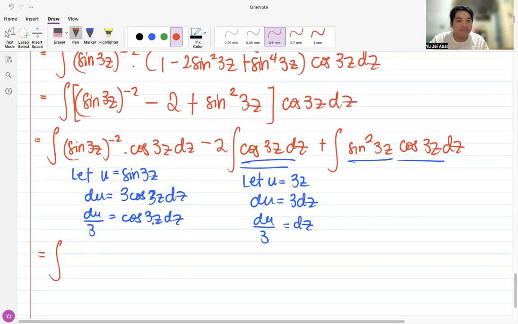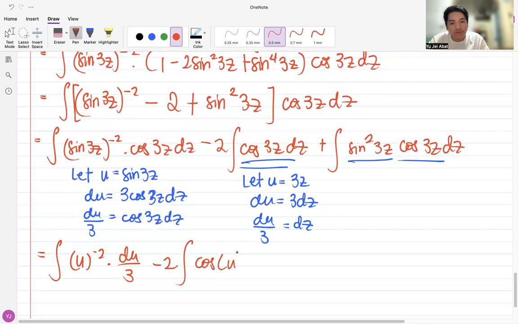Sorry for that mistake. So this would be u raised to -2, then you have du all over 3, minus 2 integral of cosine of u, and then the dj is du all over 3, plus this one, you have u squared, and then you have du all over 3.